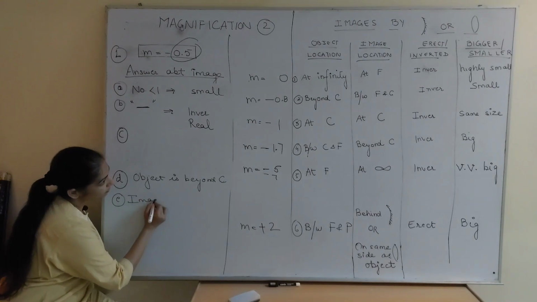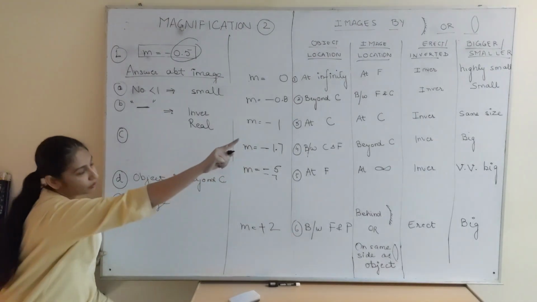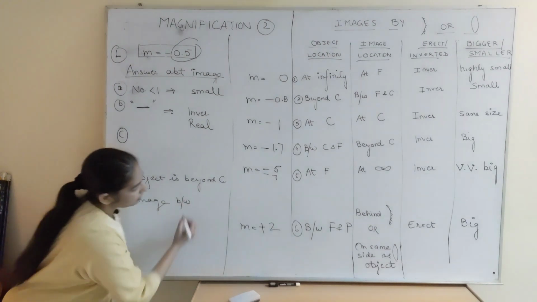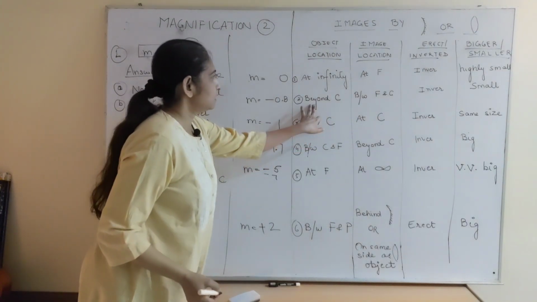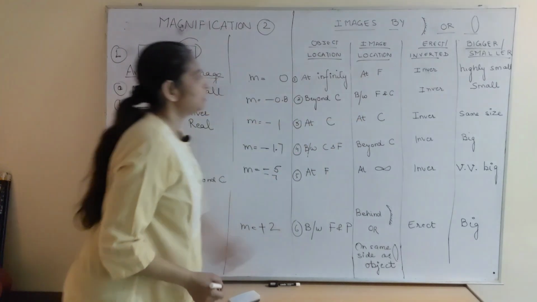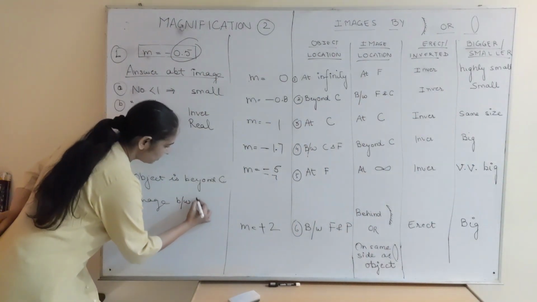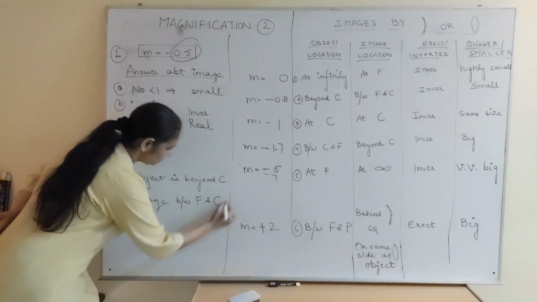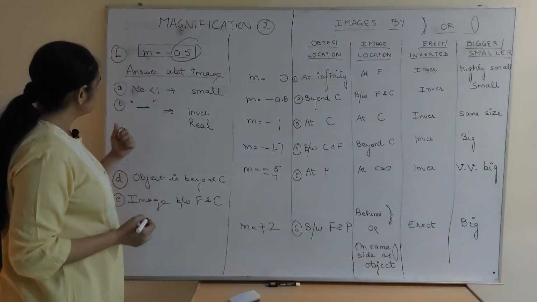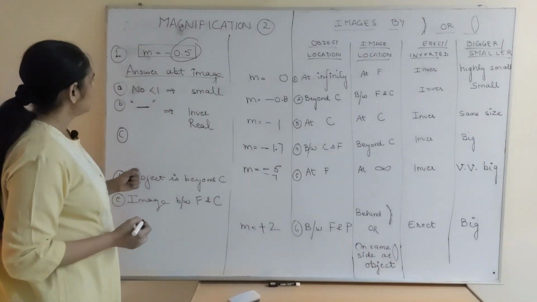From the same horizontal line, see from here, the object is beyond C and the image is between F and C.